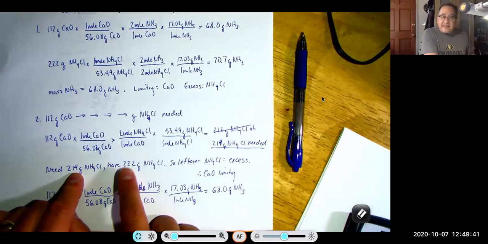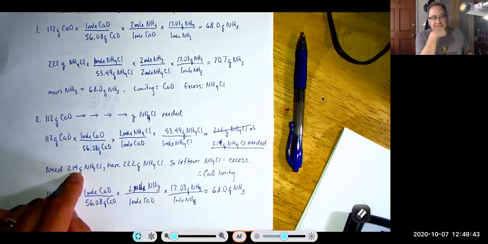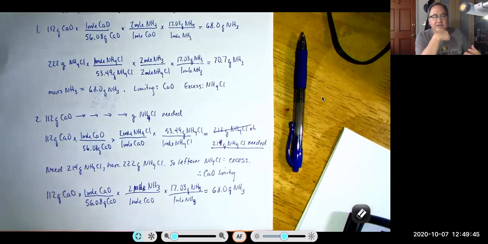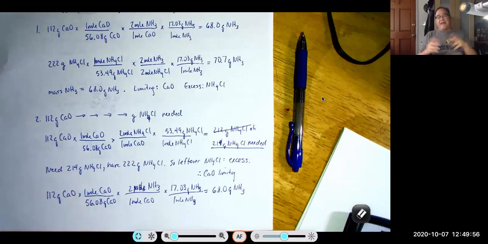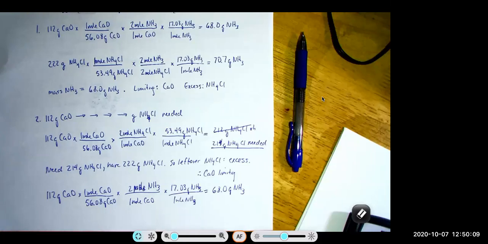That would mean this would be limiting. Limiting. Okay, if you need more than you have, if you have less than you need, that's limiting. Like if you're making food, say spaghetti, and you have 2 gallons of spaghetti sauce, but you have 2 noodles, how much spaghetti are you gonna make? 2 noodles, right?